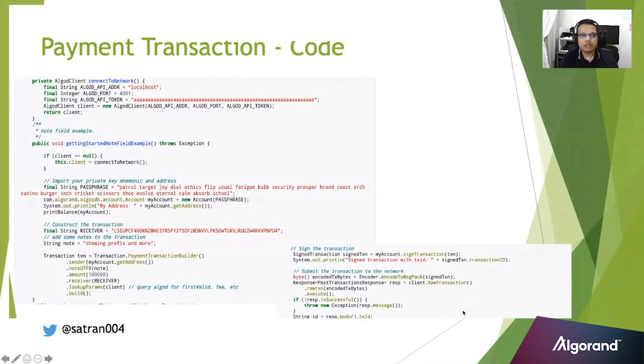This sample code is mainly to create a transaction and post it to the Algorand blockchain, and in this case we are using the Algorand Java SDK. On the left side, we are creating a transaction, setting some attributes on our transaction object, and then posting the transaction to the Algorand blockchain.